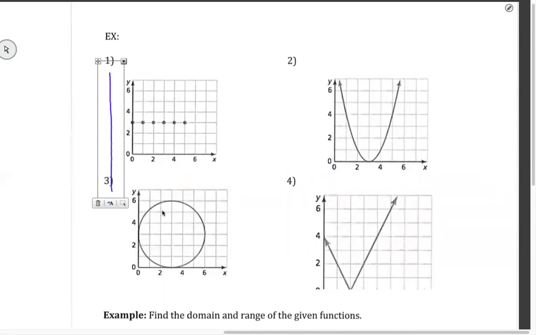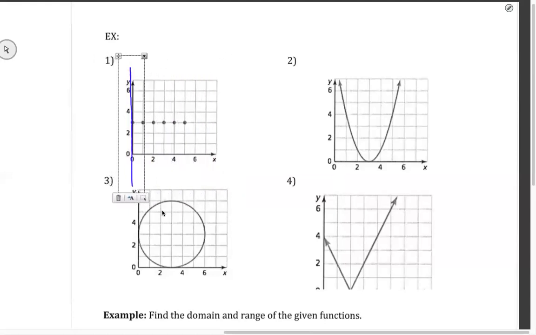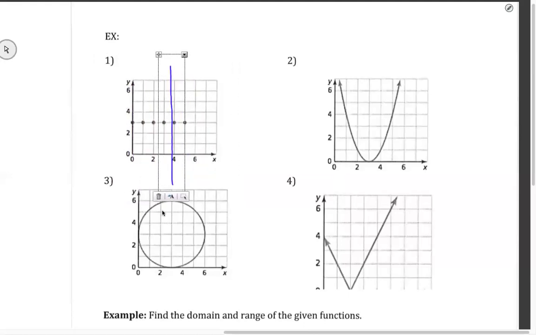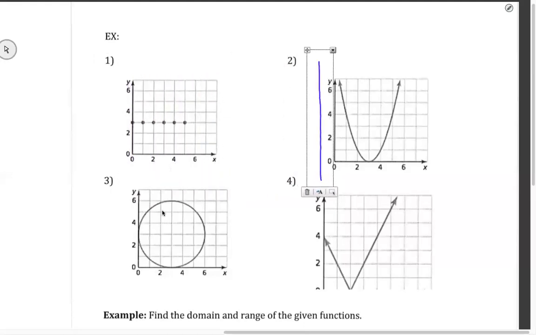All right, should have been enough time, right? Pretty straightforward. Maddie, what did you get for the first one? Function. It's a function. It passes the vertical line test. Jules, is number 2 a function?